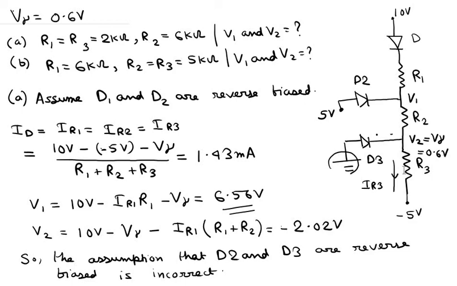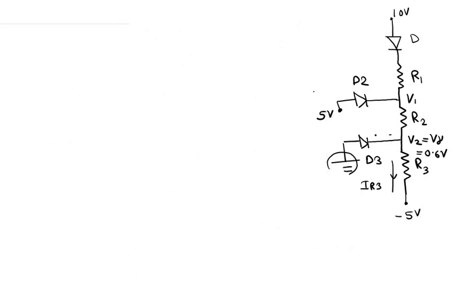Now when we calculate this current IR1, we would not be following the same method as before, because D3 is forward biased.